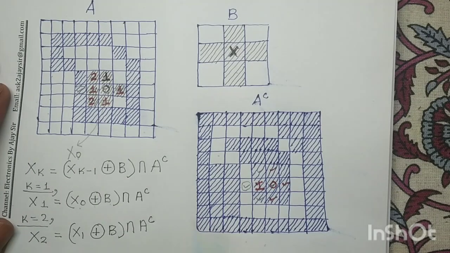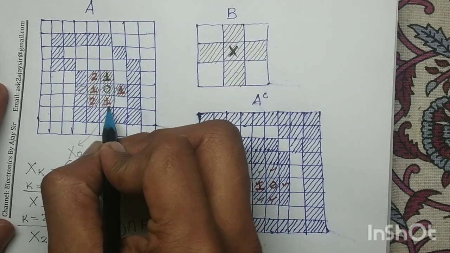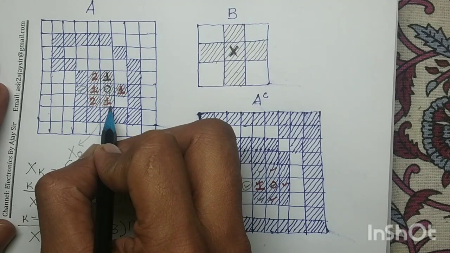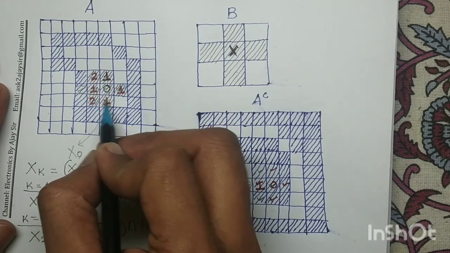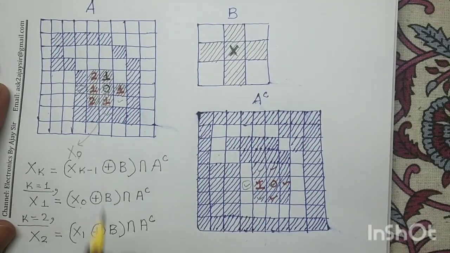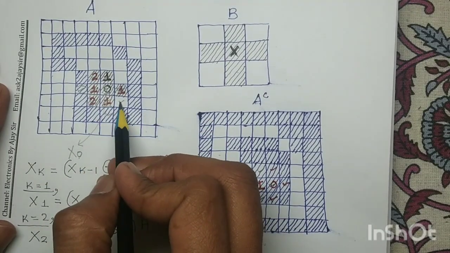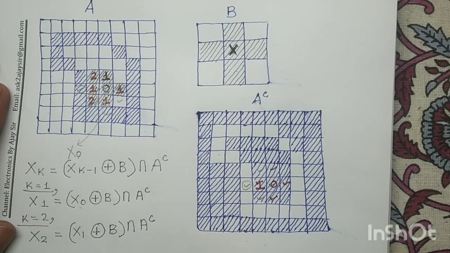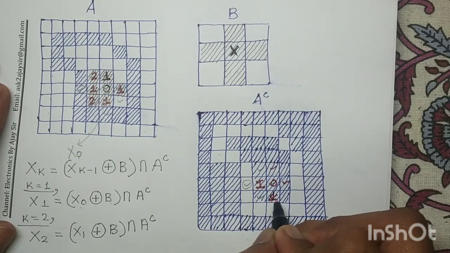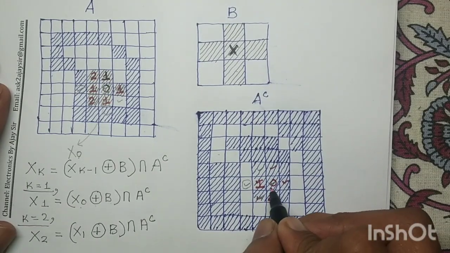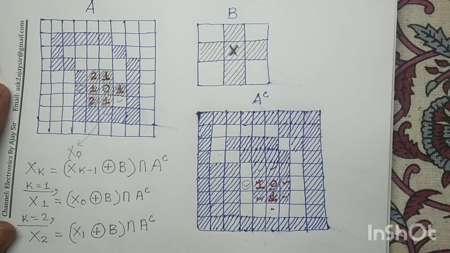Next, in a similar manner, if you repeat the operation at this pixel and at this pixel, if we perform the dilation operation, these 4 will be part of my dilated output. And if you compare these 4 points in my A complement, this is seed point 1, and we have to compare this position, this position, and this position.